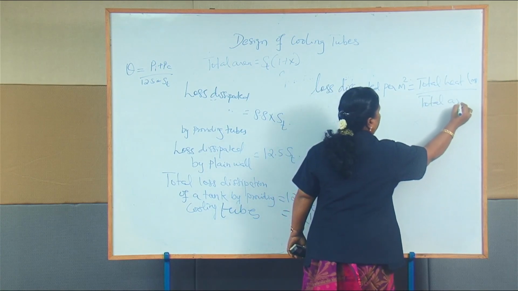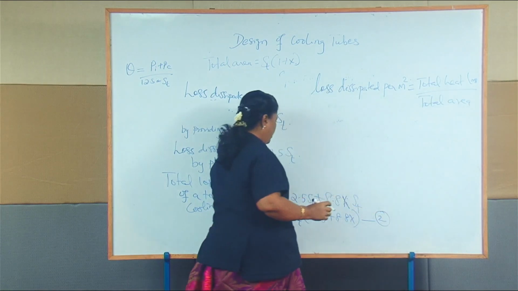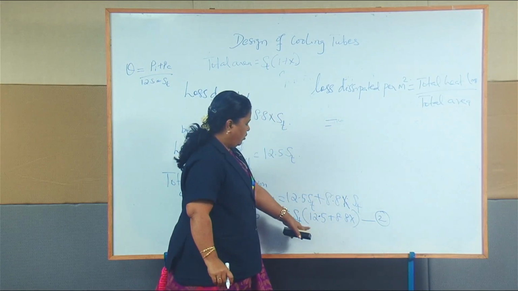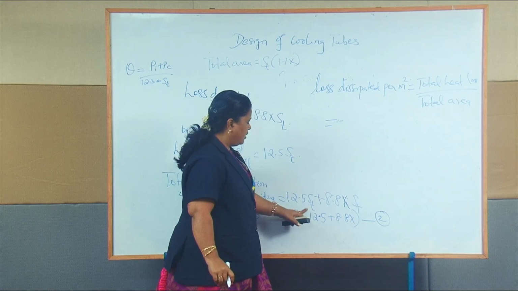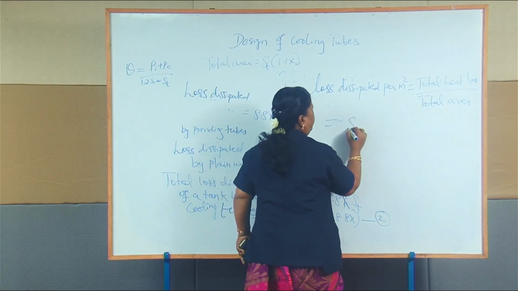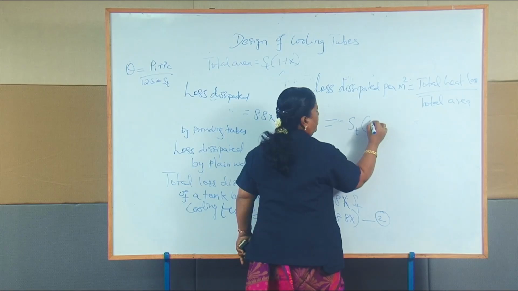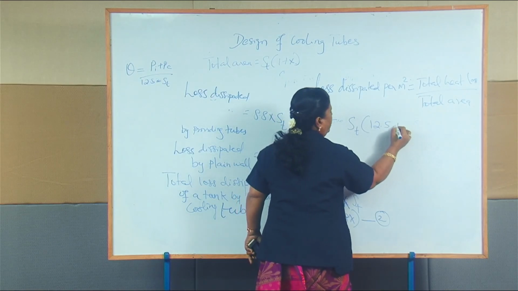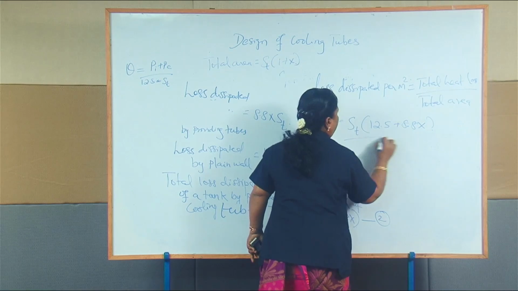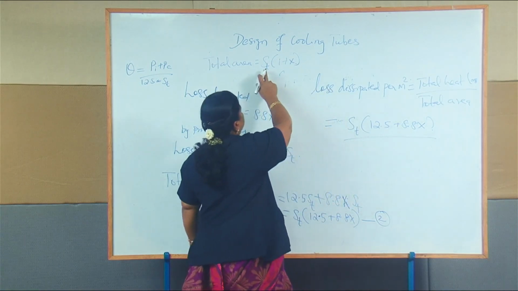So from equations 1 and 2, what is the total heat loss? Total heat loss is S suffix T in bracket 12.5 plus 8.8x, equation 2, divided by total area, equation 1.